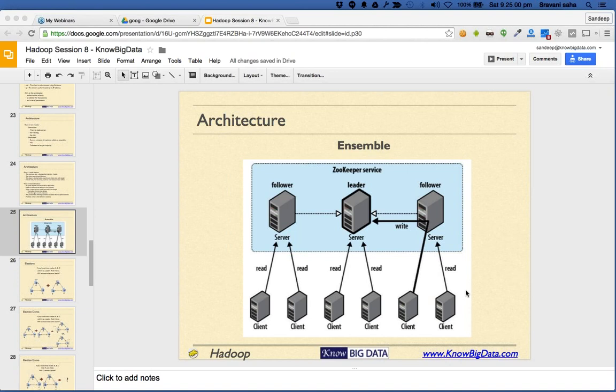If there is a minority, meaning 5, 4, 3, 2, there will be no election. The leader can be selected by the majority only.